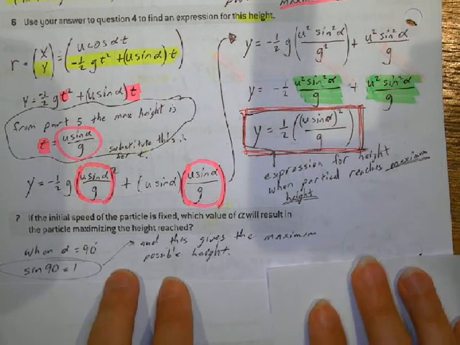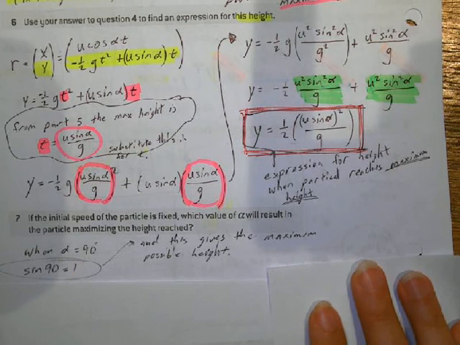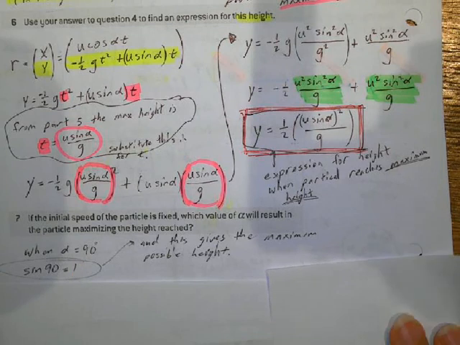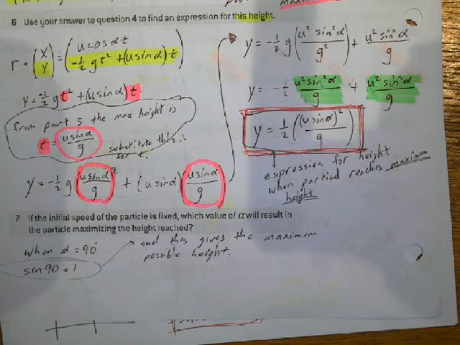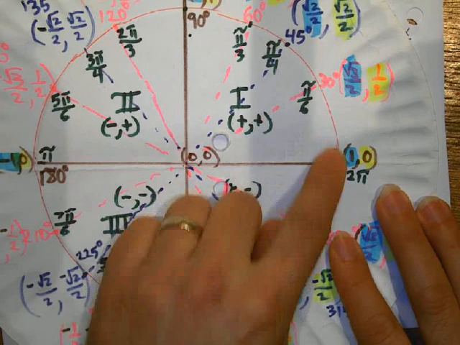Because if the projectile is thrown straight up in the air, then that should reach the maximum height.